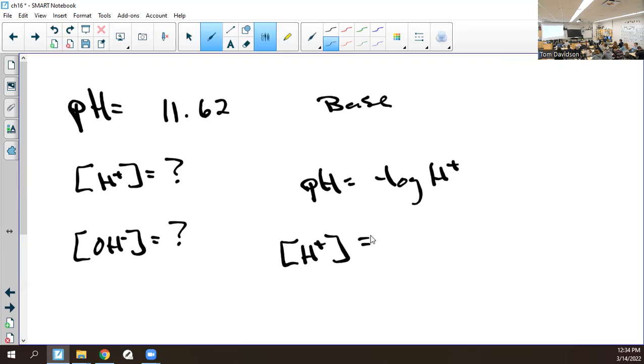We need to take the inverse log, which on your calculator, you hit second and then log, and you'll notice it just puts a 10 raised to the whatever. So the inverse log is just 10 raised to. So it's 10 raised to the negative pH.